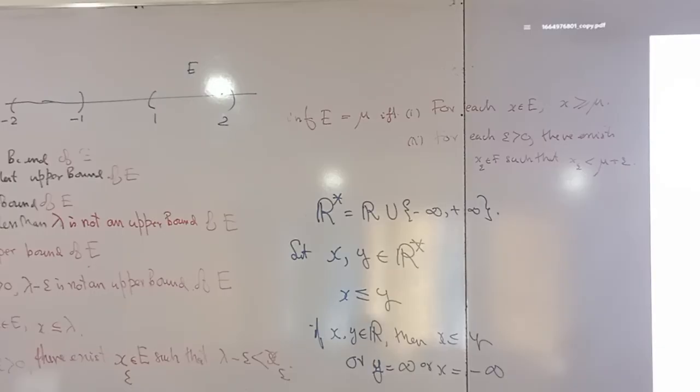One can intuitively think of the supremum of E as follows. Imagine the real line with plus infinity on the far right and minus infinity on the far left.